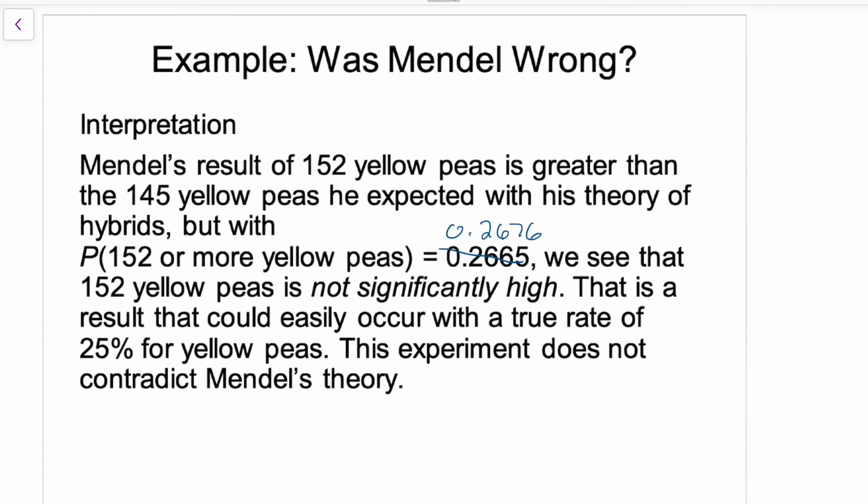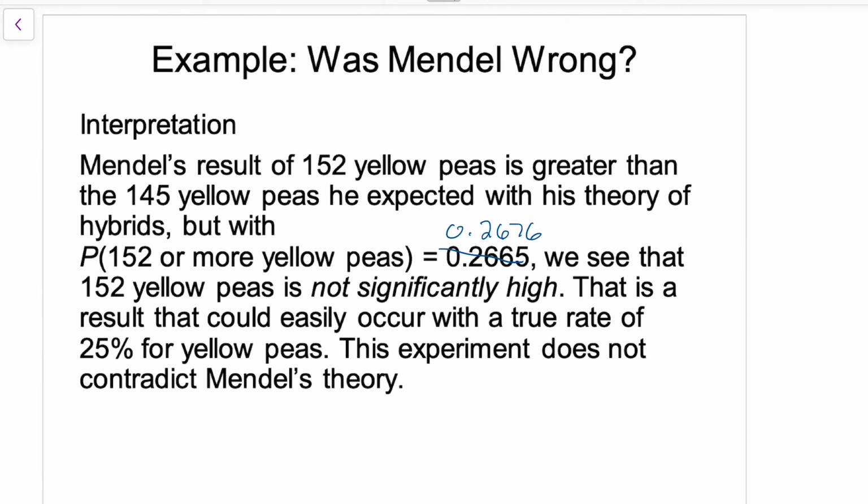So the final question in this example was, is this significantly high? And so we computed the probability of getting 152 or more yellow peas was 0.2676. If you use other computer-generated methods, like this PowerPoint did, you get slightly different probabilities, but our probability is still good enough.